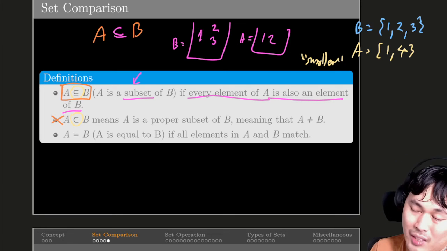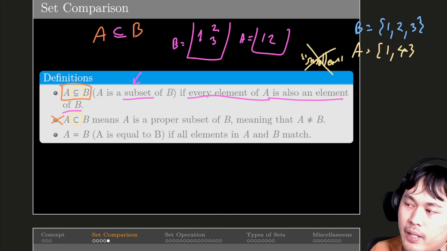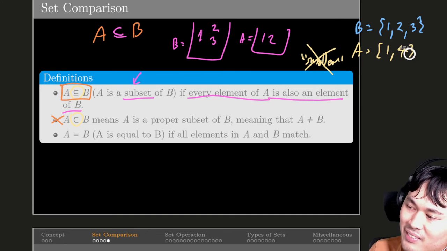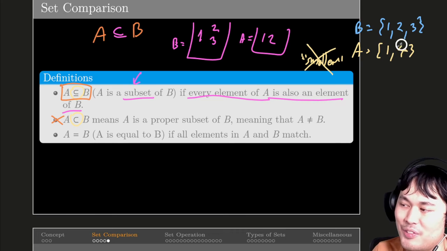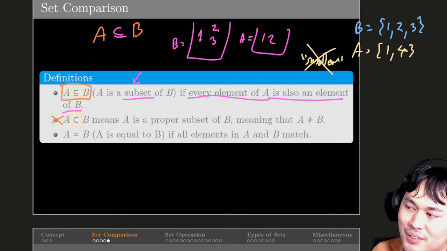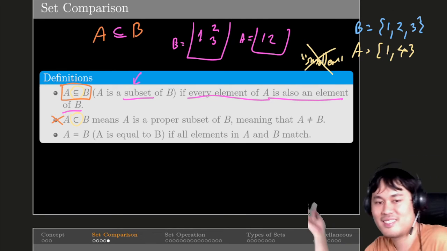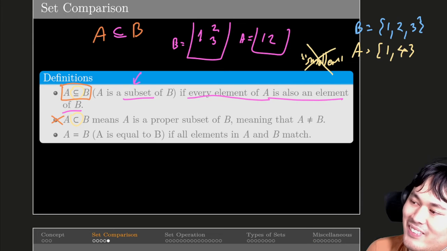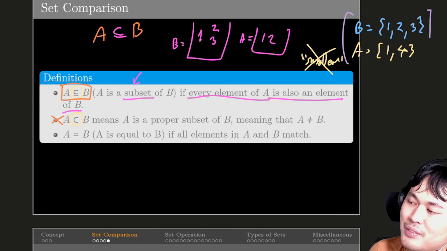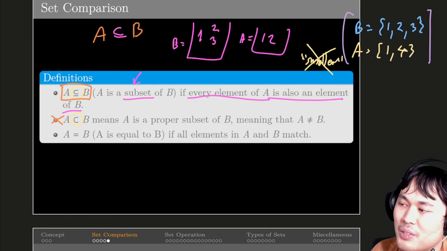But even though it is smaller, they cannot be compared. Because you can argue that 4 is larger than everything inside B, so A should be larger. I don't know, maybe. Again, that's kind of a philosophical question you have to ask.